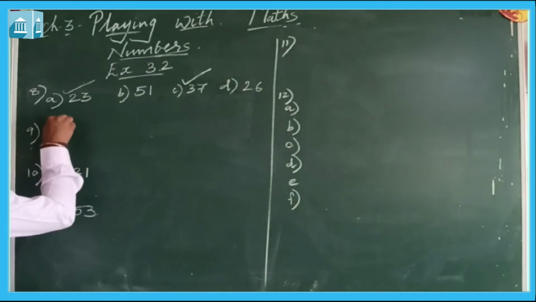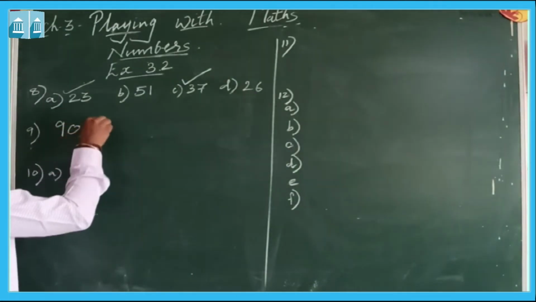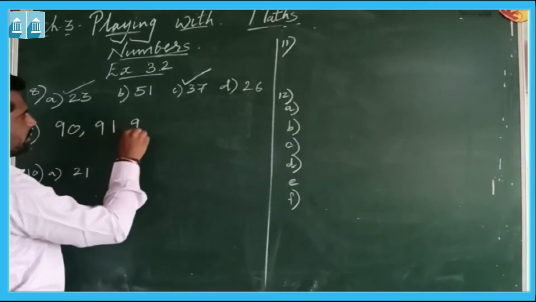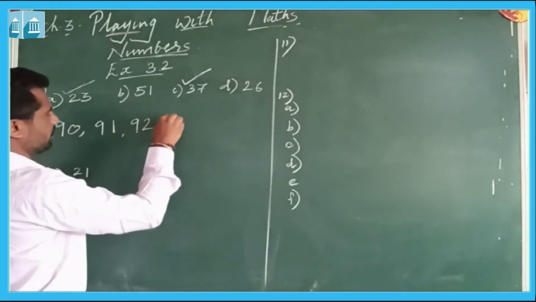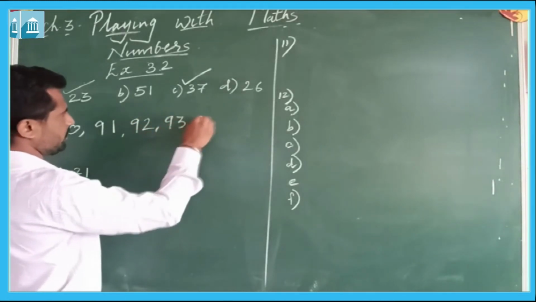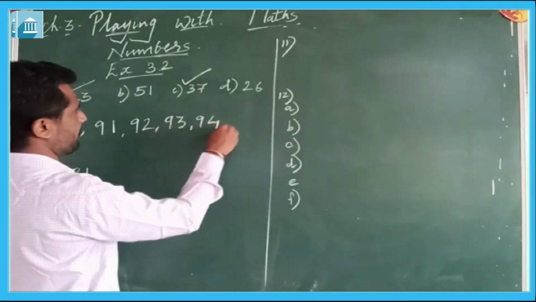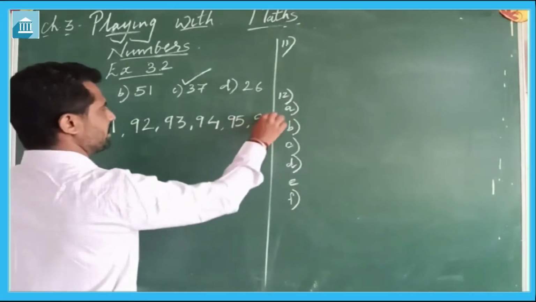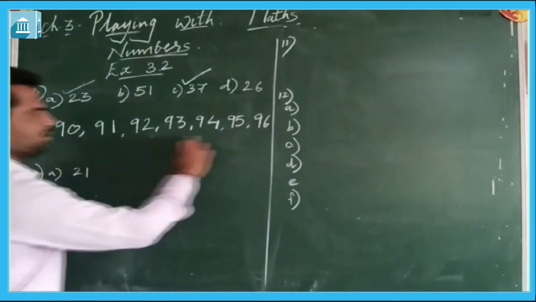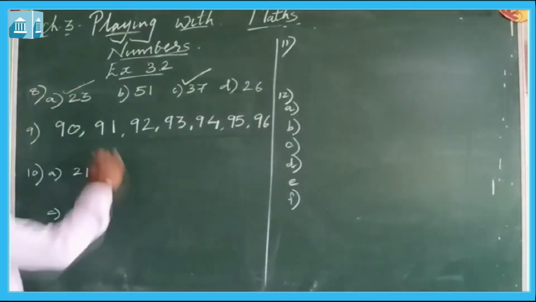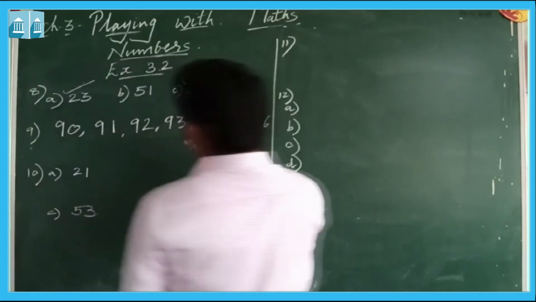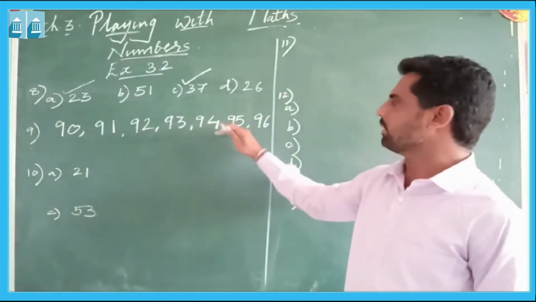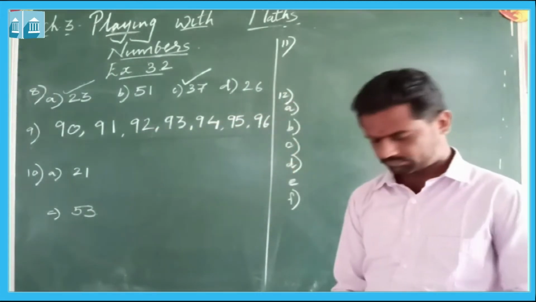That are 90, 91, 92, 93, 94, 95 and 96. If you see, these all are continuous composite numbers and there is no prime number between them.